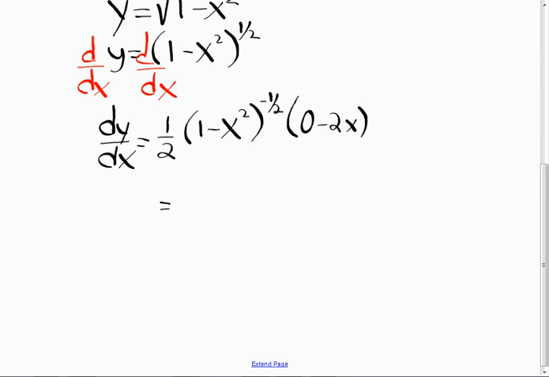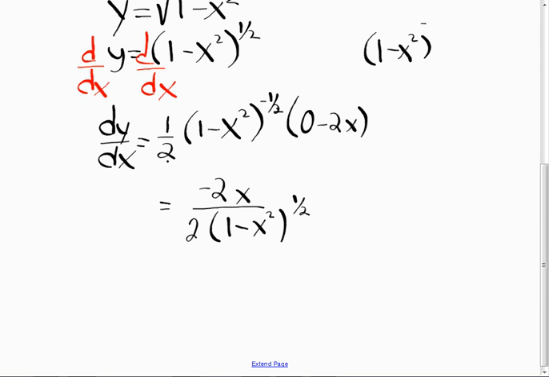Well, this is just a minus 2x in the numerator. The denominator there is a 2, then the 1/2. What about this one? That's 1 minus x squared in the denominator to the positive 1/2. Why is that? The 1 minus x squared to the negative 1/2 is 1 over 1 minus x squared to the positive 1/2. That's what a negative exponent means. I'm just simplifying it.